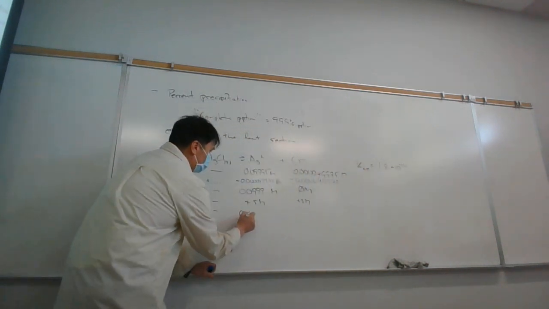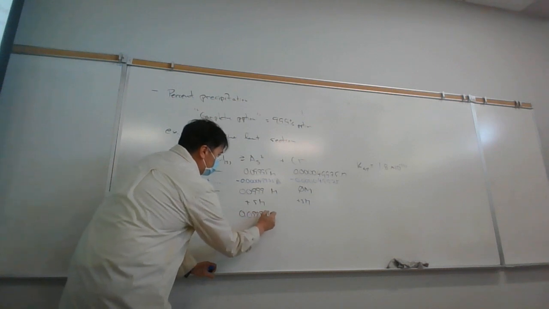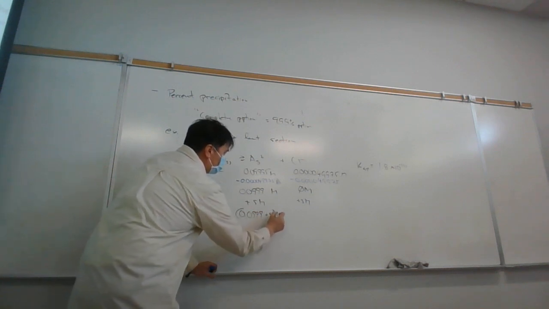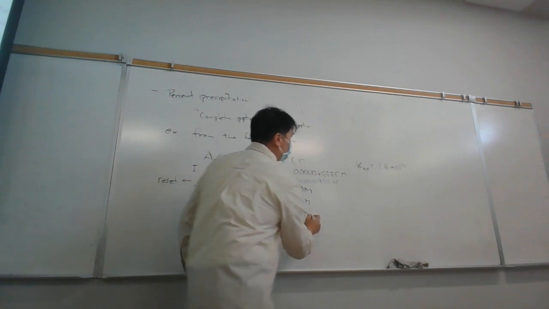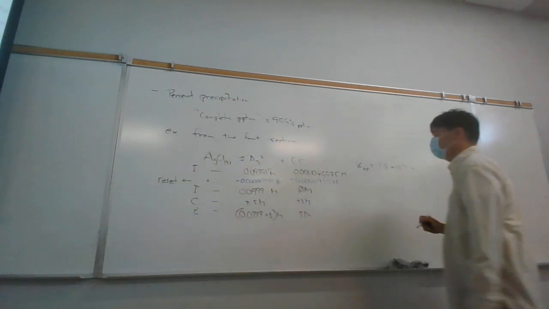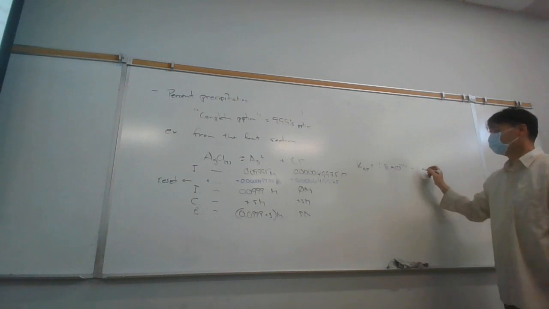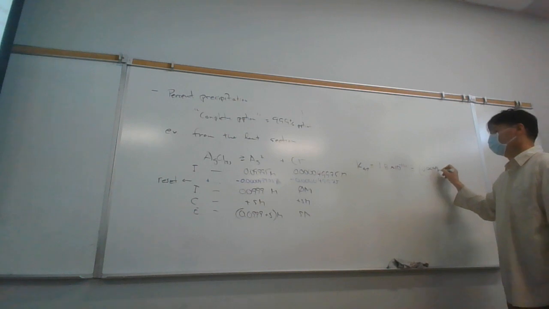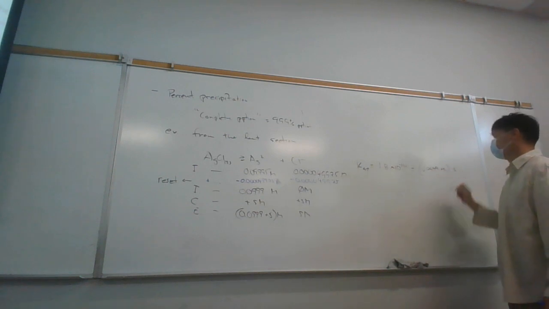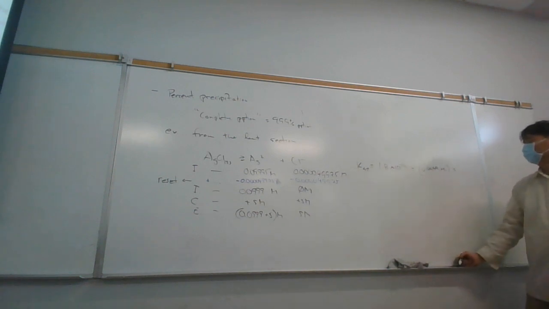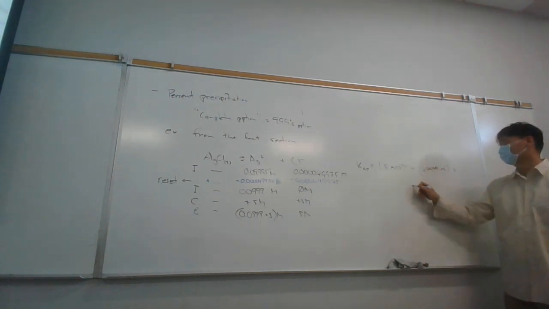And so at equilibrium, we have 0.0999 plus S, and we have S. Okay. And so what this is going to do is we're going to have this as the silver ion concentration, 0.0999 plus S times S. Although the math is not difficult here, I don't want to solve a quadratic if I don't have to.